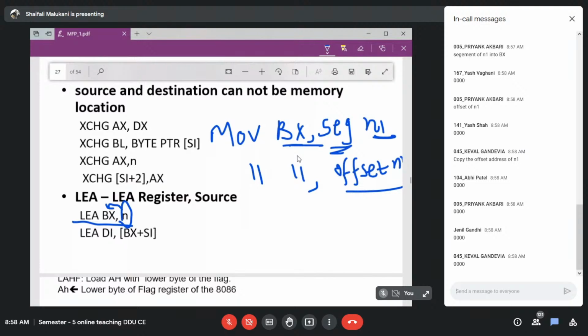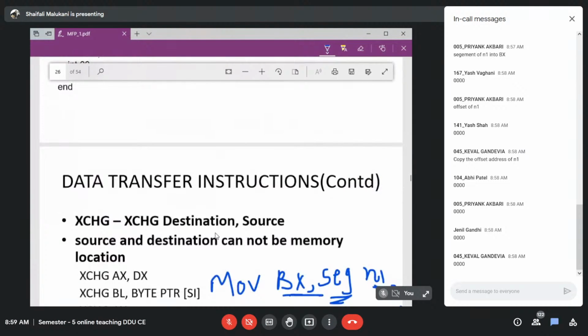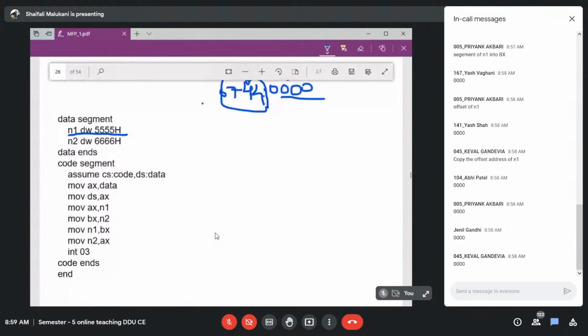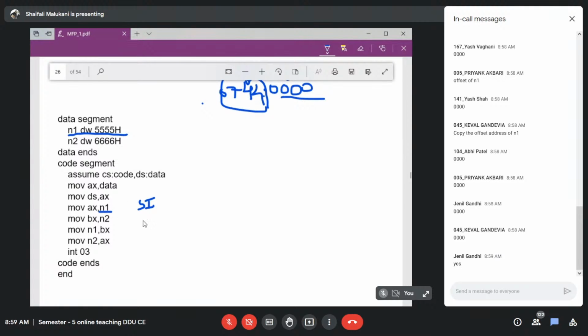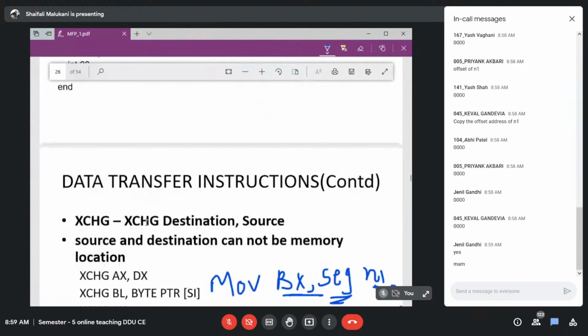Of course, madam will take them in detail. These two are valid methods for copying the offset of n to a register. Now yesterday I think Jenil was asking how you can bring the offset address of n1 into SI. Now are you clear with how to bring the address of n1 to SI? Is it clear? Okay.